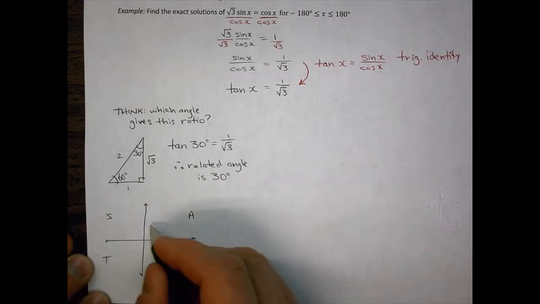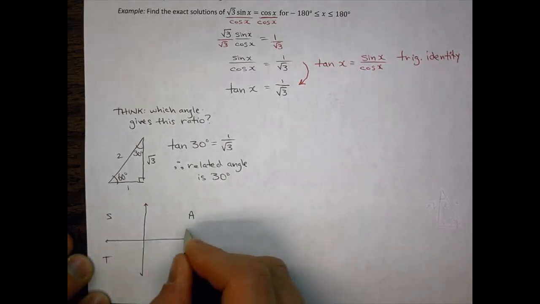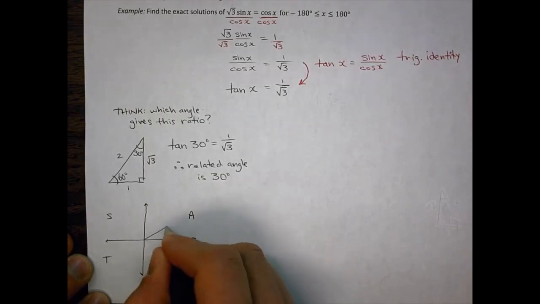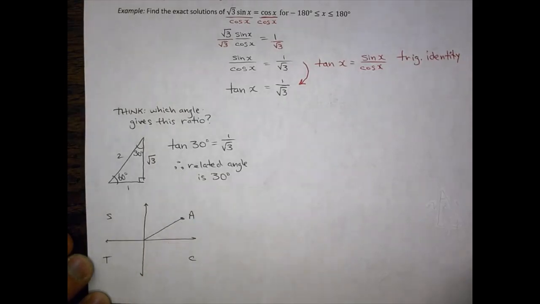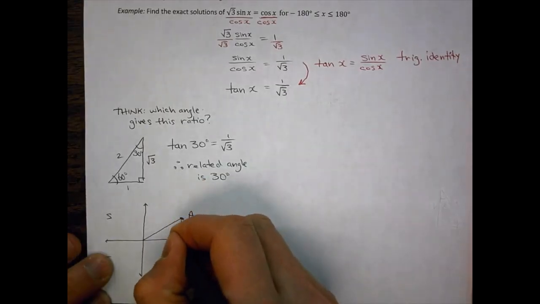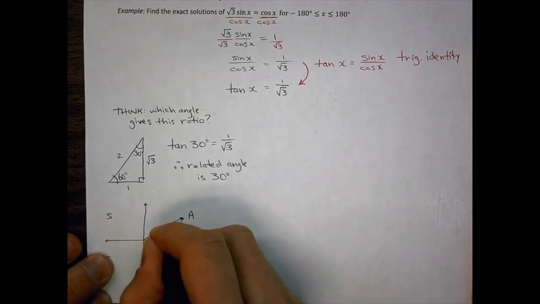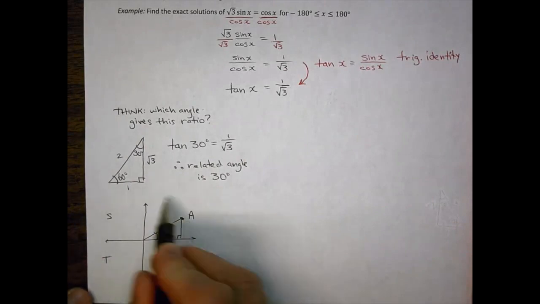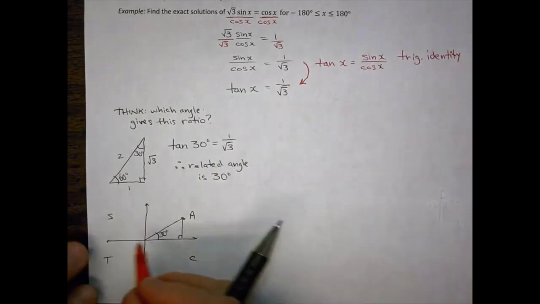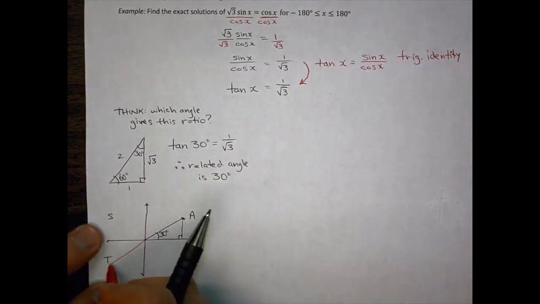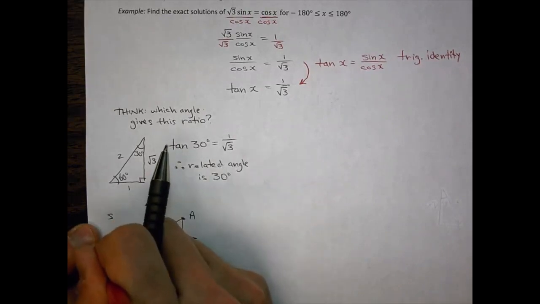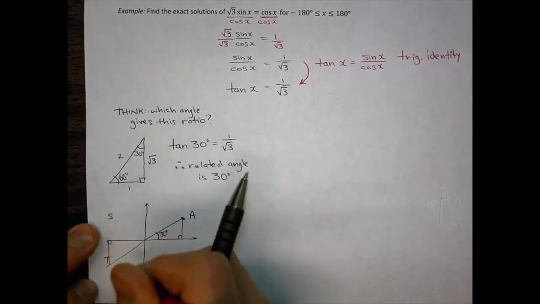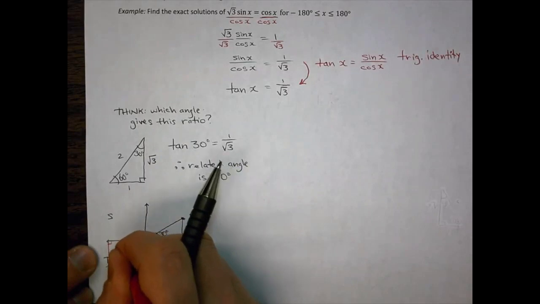Well, tan is positive in this quadrant, so that would be a related angle of 30, means I've drawn an arm like this, and it comes down like this. And this angle is 30. So that's one possible arm. Remember, there's always 2. So where's the second one? Well, it's over on this side. When that angle's 30.